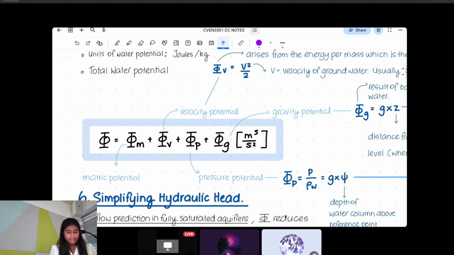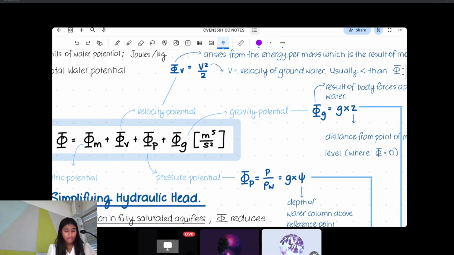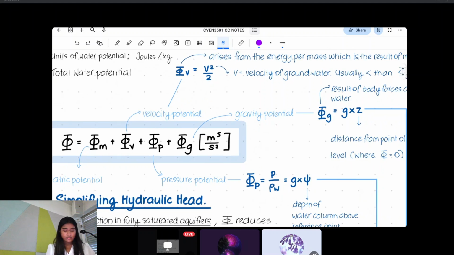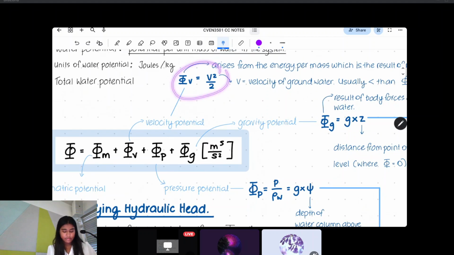So firstly, there's the metric potential. You don't really need to know what that is in a great deal of detail. Often it will just be cancelled out. I'm sure there's more information on it in the actual lecture notes, but for the purpose of this crash course, I'm just going to skip over it. Velocity potential is up here, so that's this section there.